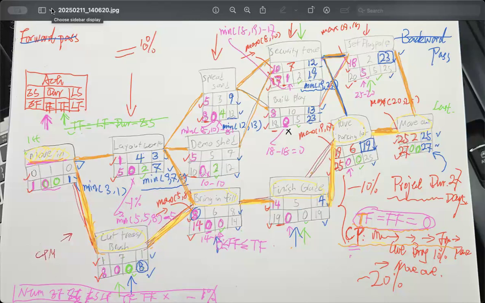Okay, so this is not a critical path, so I'm using a green color to show this is not a critical path, because in this green part you will see nearly everyone has the free float equal to 0, and everyone except the layout work has the total float equal to 0. But it is because over here, this 2 is not 0. That means the layout work is not a critical path. So this green highlighted one is not a critical path.